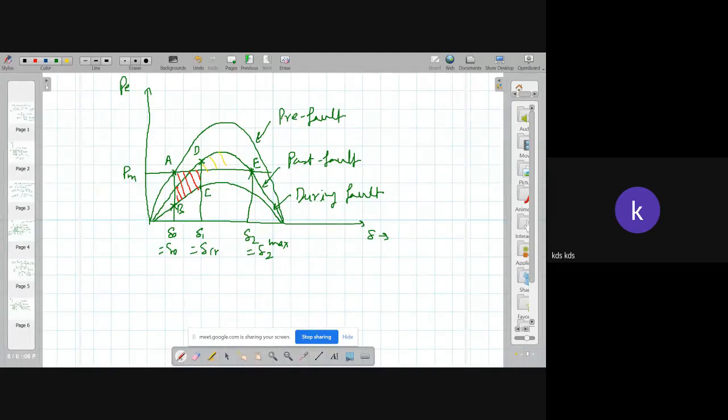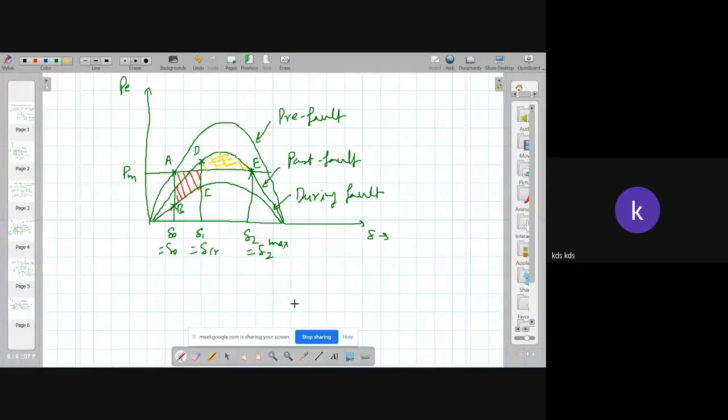This one is the decelerating area. For this equal area criteria case, we are going to develop the integrations which will ultimately lead to the determination of delta critical.